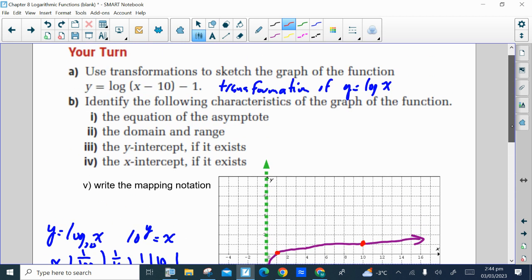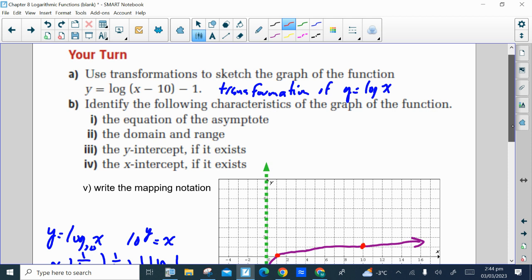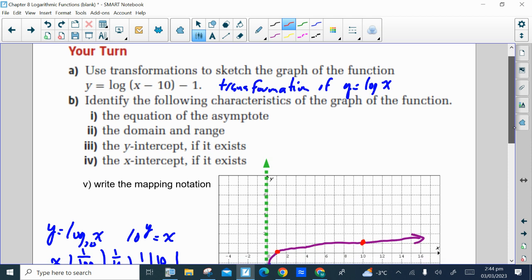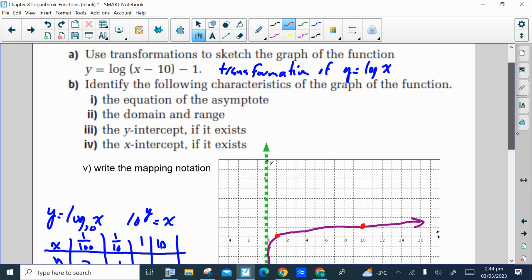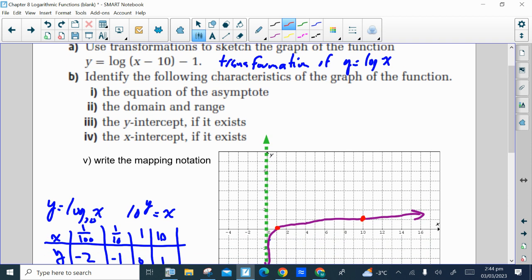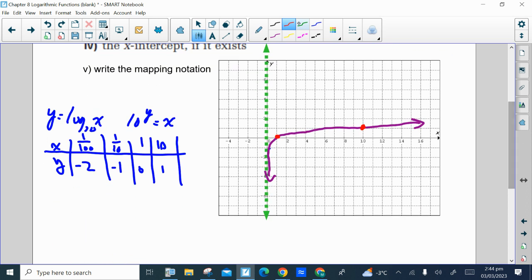And so now we want to transform that to y equals log of x take away 10 minus 1. So we've got an h value of +10, which means the graph is going to shift 10 right.